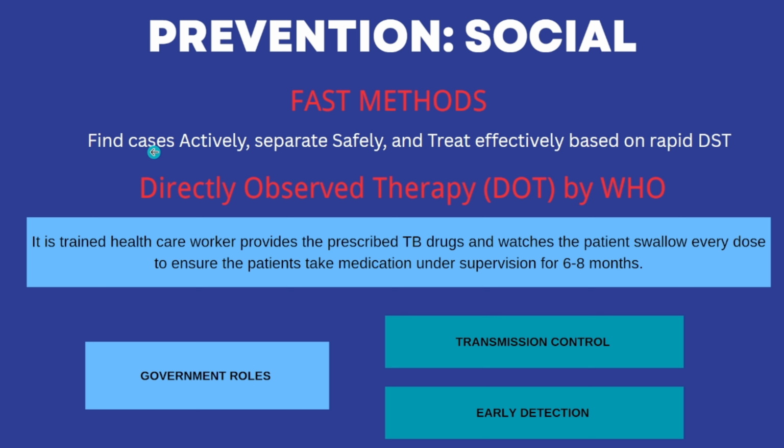So you need to find the case actively. When you get a suspect case, you need to find the case actively. You need to know that TB is easily spread in institutions by coughing or sneezing with unsuspected TB or unsuspected drug resistance. So most potentially, the infectious patient can be identified very easily.